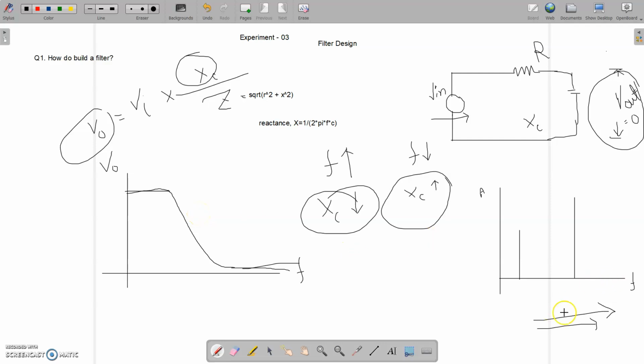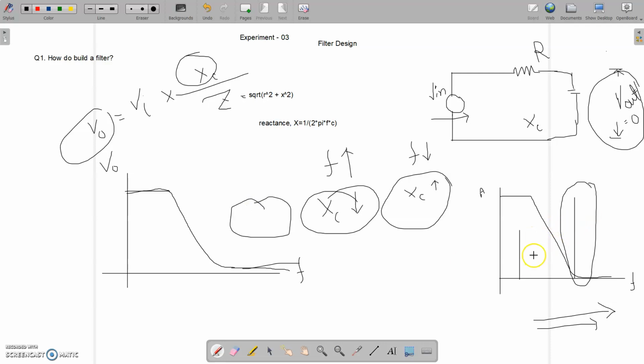So if I implement it this way, I have very high output, then very low output. Anything outside this portion is getting cut out. I don't have any output here. The high frequency components, anything that was here, are no longer here.